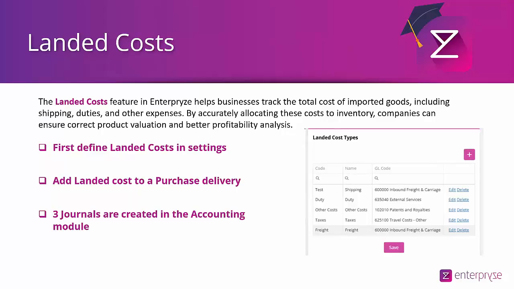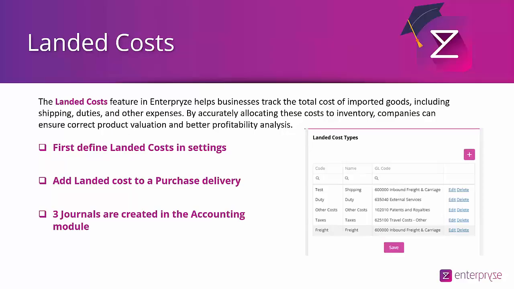A landed cost is tracked against your purchase delivery. As soon as the goods land, you've gone into Enterprise and brought your order through to delivery, so now you've received it in, and then you begin to allocate the landed cost. You can do that as a value for the overall invoice itself, or at line level, so we've got both available.